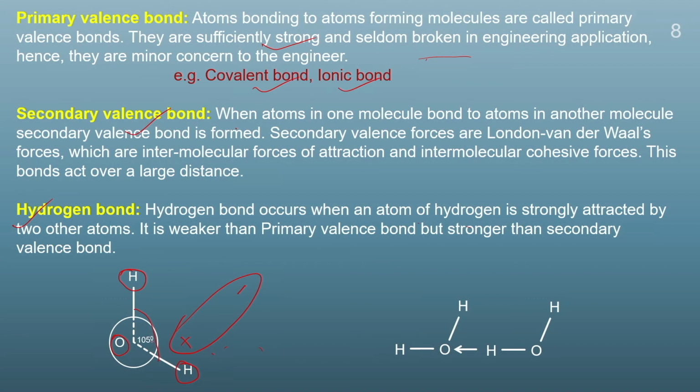In water molecules, as I told you, the hydrogen bond forms between the oxygen atoms, and it will be attracted towards this, but it cannot decide to which oxygen atom it wants to share its electron. Here you can see a hydrogen atom bonding between two oxygen atoms.